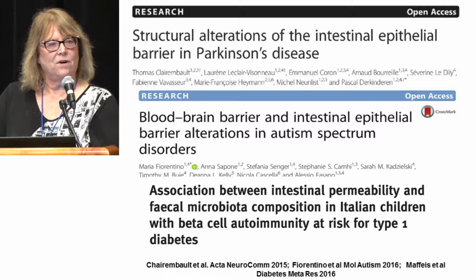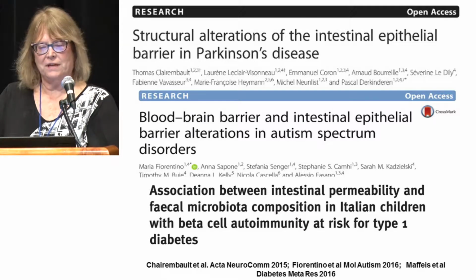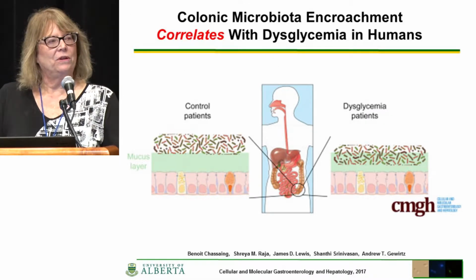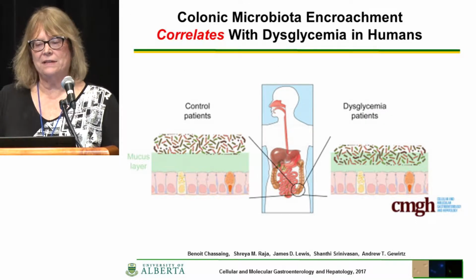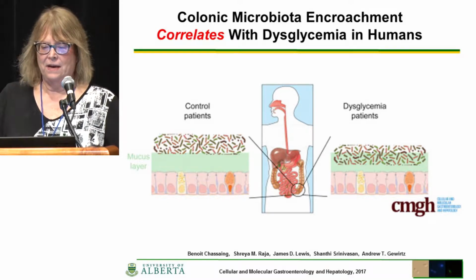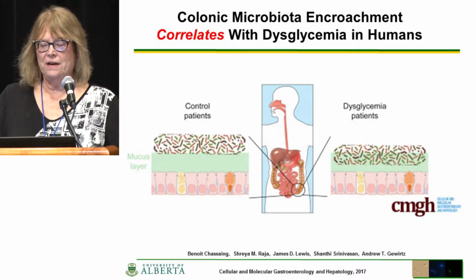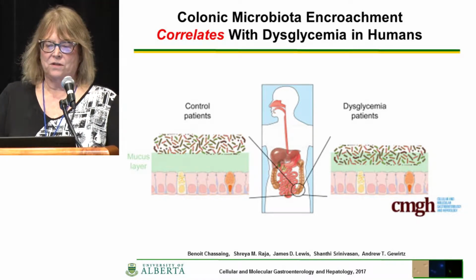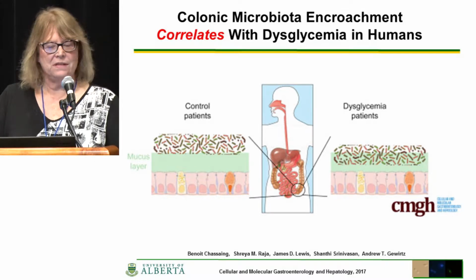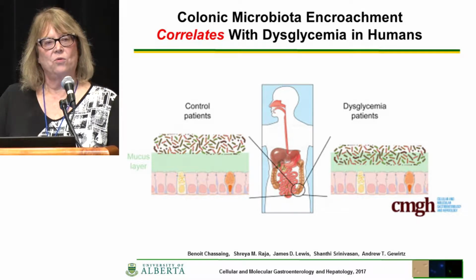All of these now are linked with altered gut permeability. A paper that just came out last month showed patients with type 2 diabetes, again, this mucus barrier, having bacteria that are encroaching into the epithelium. So coming way down, reduced mucus layer, driving host inflammation.